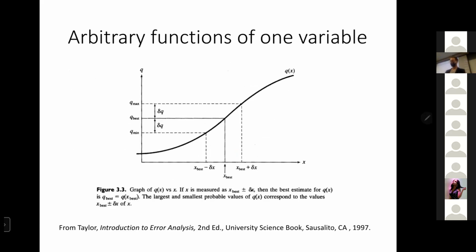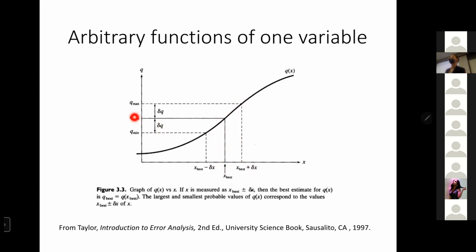But what if you have a more complicated function, right? So let's say you have a function and it looks like this. So Q is some function of X. Well, you might expect, based on what you know from calculus, that the uncertainty in Q is going to be related to the slope of this function. So if this function is changing really quickly with respect to X, right?